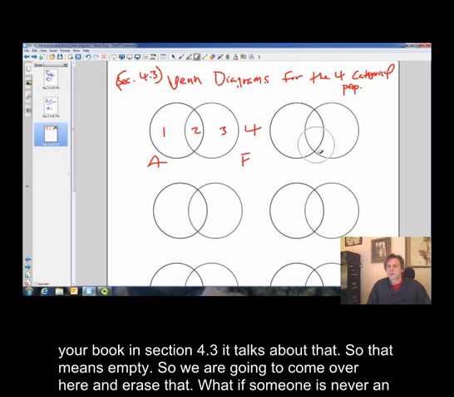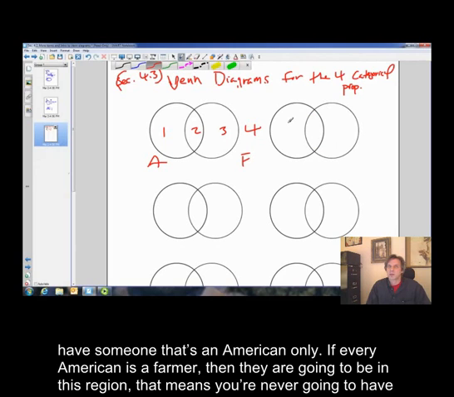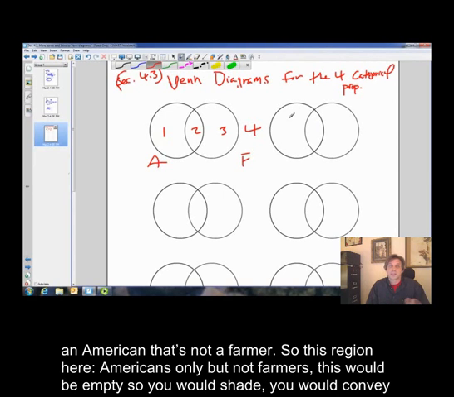So if we come over here and erase that, what if someone is never an American only? Let's say every single American is a farmer. That would mean you're not going to have someone that's an American only. If every American is a farmer, then they're going to be in the overlap region. That means you're never going to have an American that's not a farmer, right?